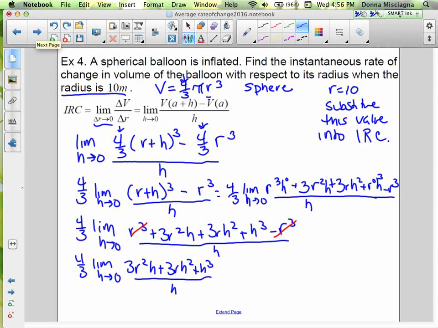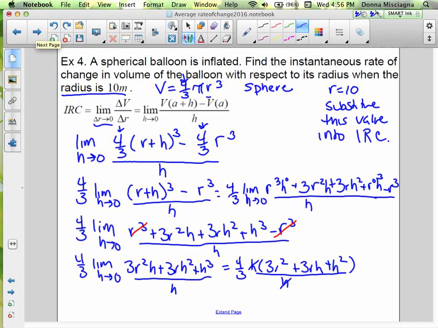This would be an indeterminate limit if I plugged in. Let's just pull the h out. So we have 3r squared plus 3rh plus h squared, divided by h.